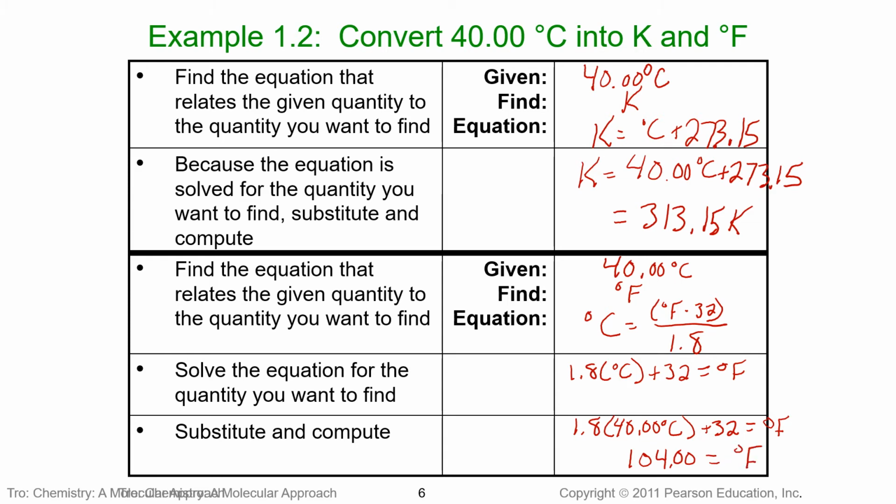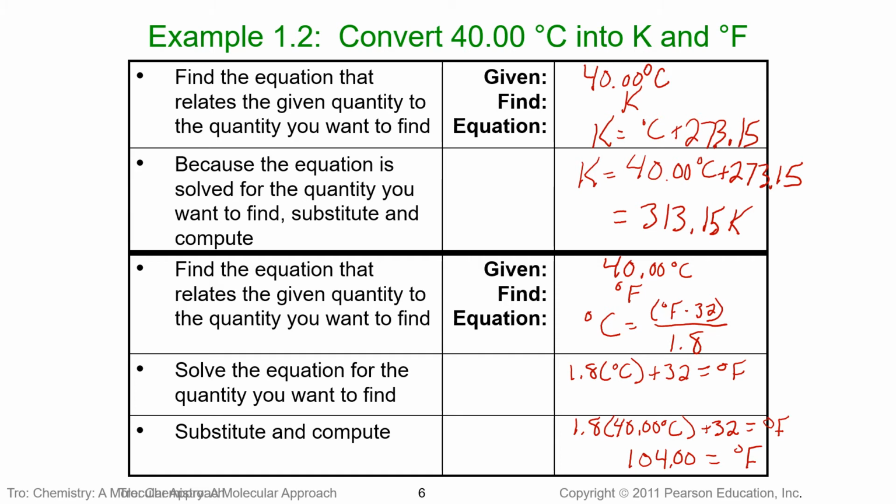Now, a very important part about doing problems is to check to make sure that they make sense. Our number got bigger for Kelvin, which makes sense because we're adding 273. For Fahrenheit, 40 degrees Celsius, it also got bigger, which makes sense.